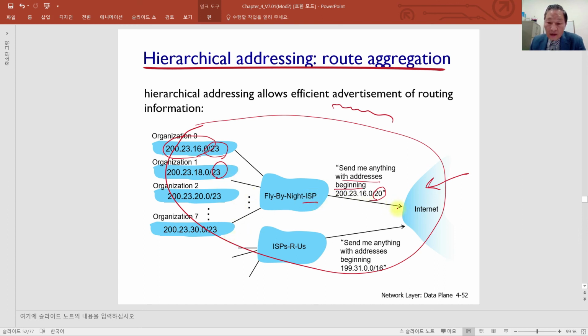Then this one is representing the group, only 20 bits in that block. Those are located there. Thus this one is advertised. This one is called aggregation.